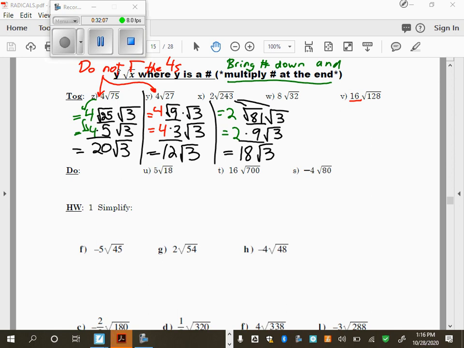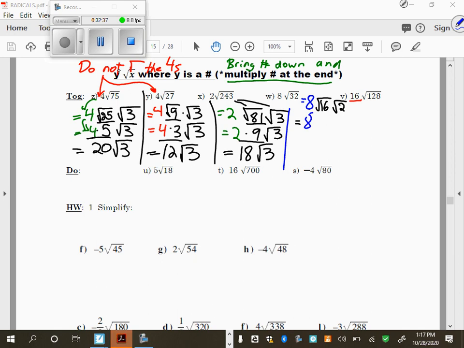Okay, 2 more together. And let's use a different color. Let's leave the 8 here. And radical 32 breaks up into what? That's the hard one. What's 32? And 48? 16. Good job. 16 times 2. That looks weird. It is weird.